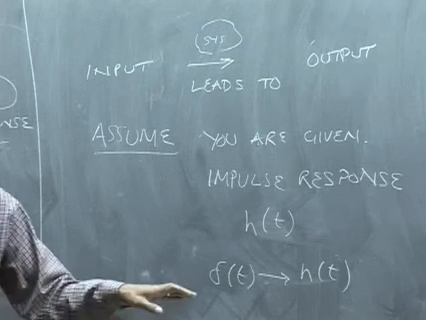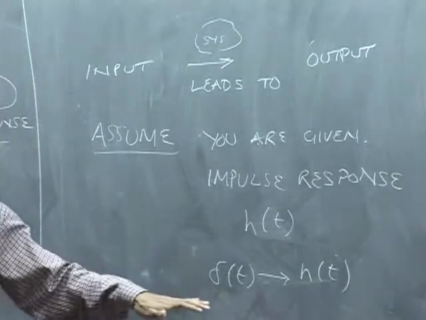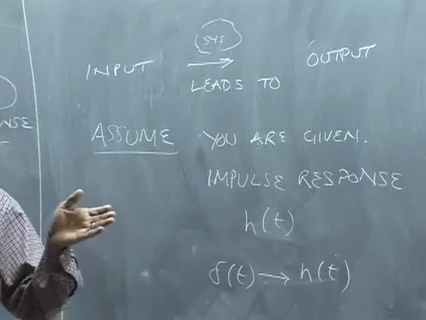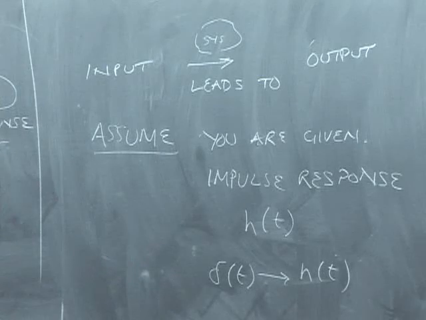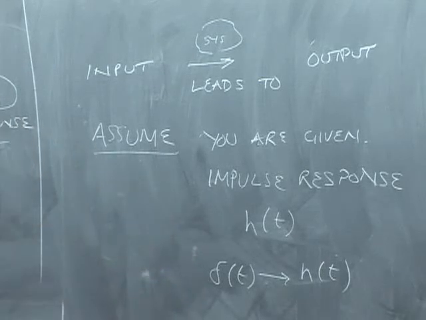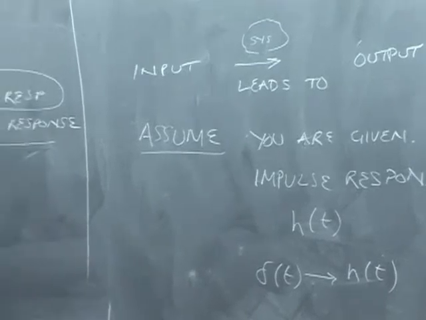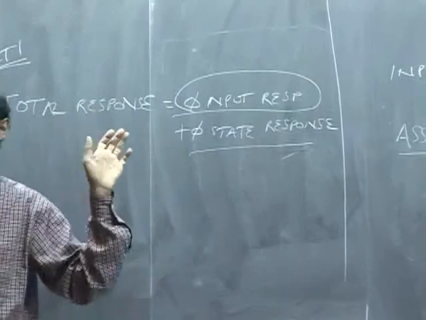Okay, and how do we compute this? Well, this delta is at 0, right? At time 0, it has no input after time 0. So this impulse response is basically the same thing we got by doing the 0 input response. Because it is a 0 input after time 0.